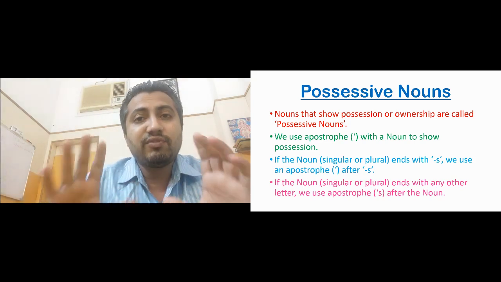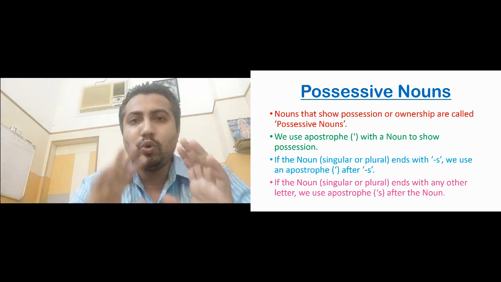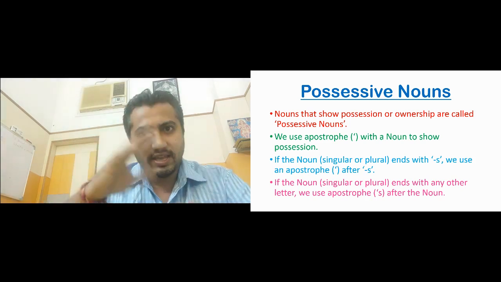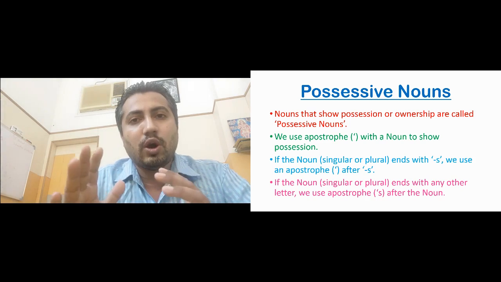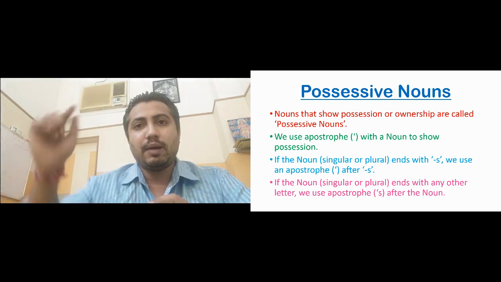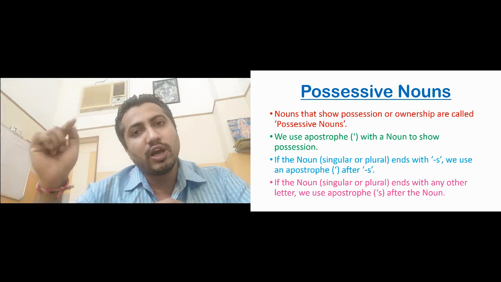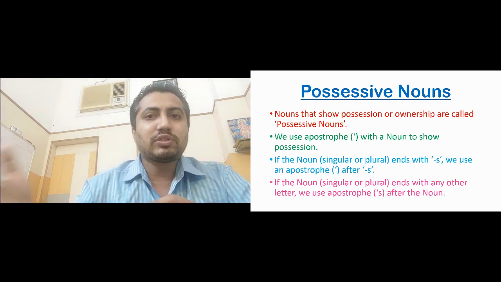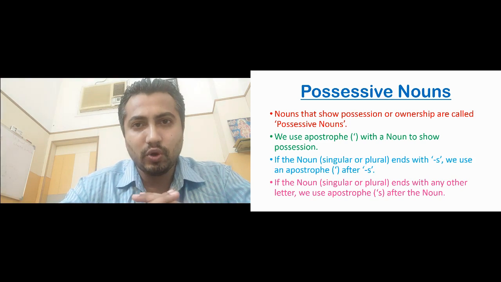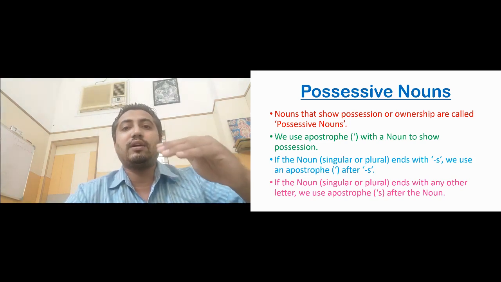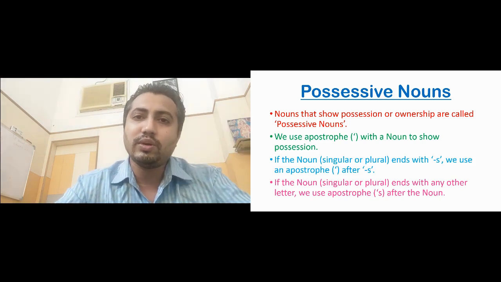I repeat, if the noun, singular or plural, has an s at the end, we only put an apostrophe, and no s after it, because there is already an s at the end of the word.